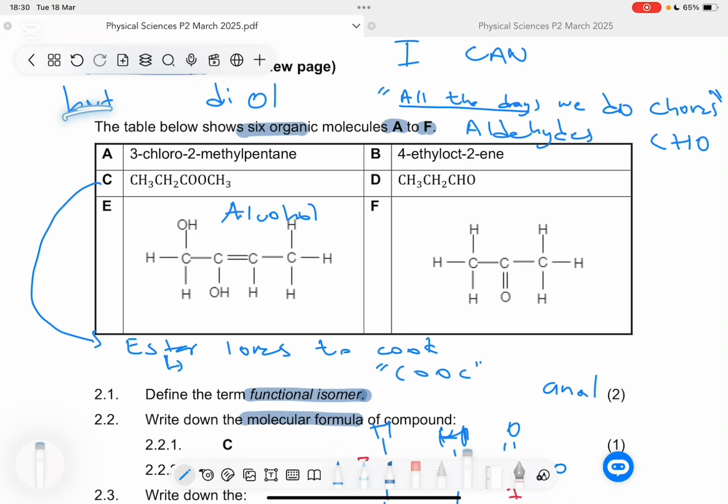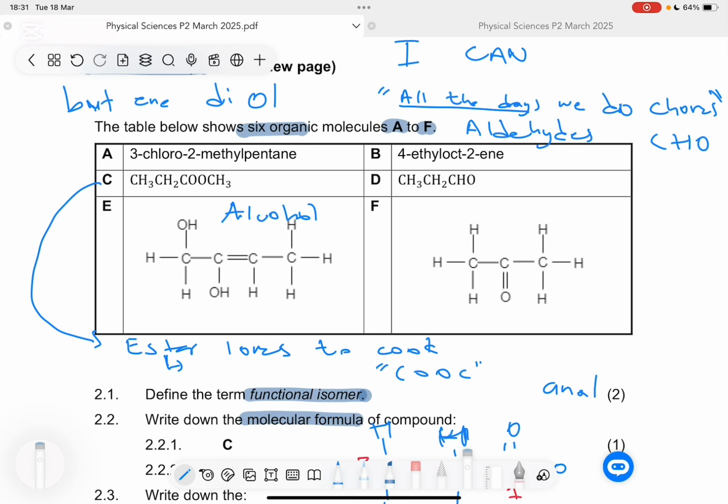So it means we have 4 carbon atoms. But to that end, I can see that we also have a double bond. So here we're going to have an ENE, to mean that this is an alkene group. Alkene is a double bond.